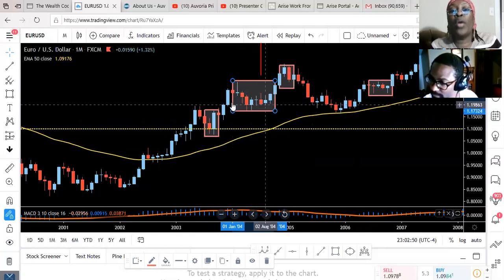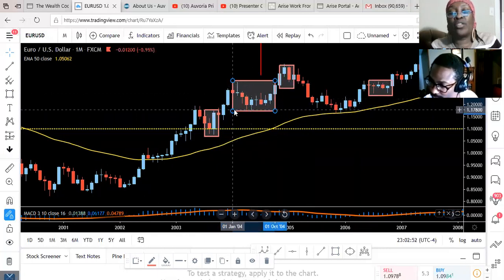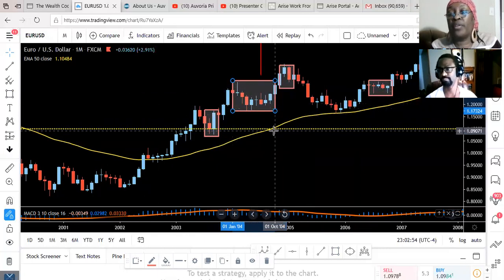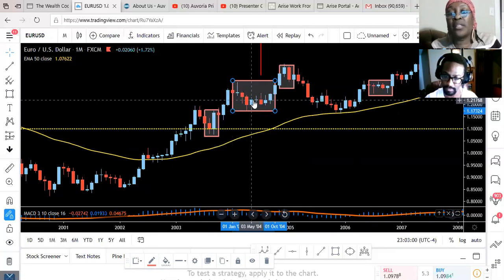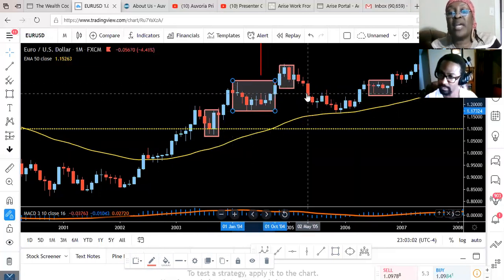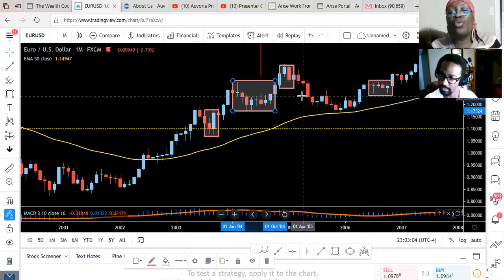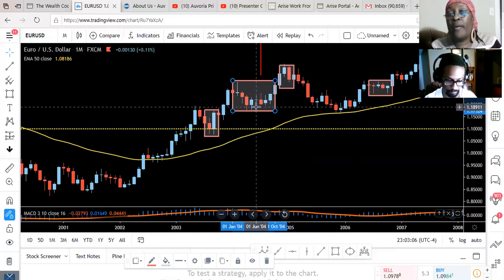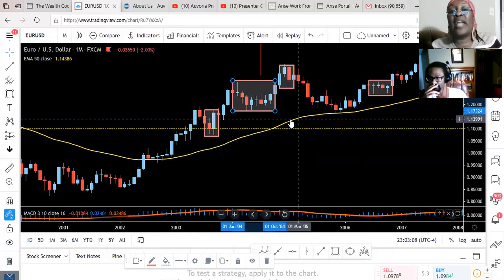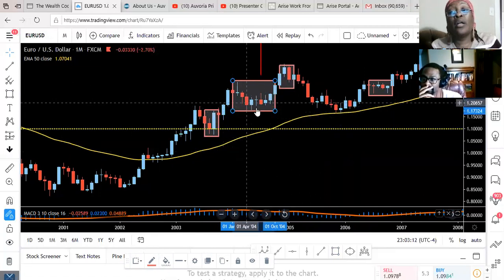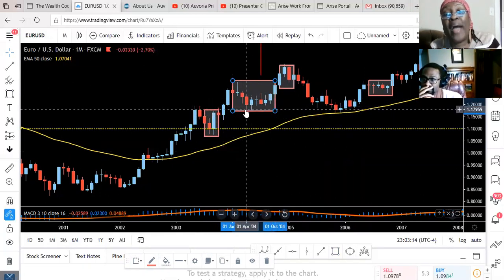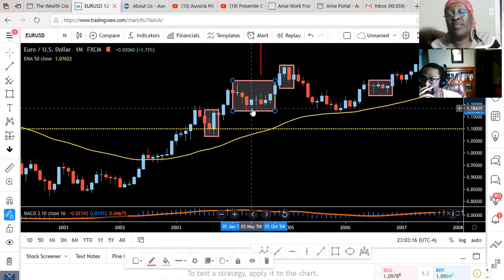So anywhere in this box can be your take profit. You can go to the bottom of the box or inside the box, because what that tells me is price is going to go back to this area. It may consolidate again, or it may break out of this area, but it's going back to where that wick is.